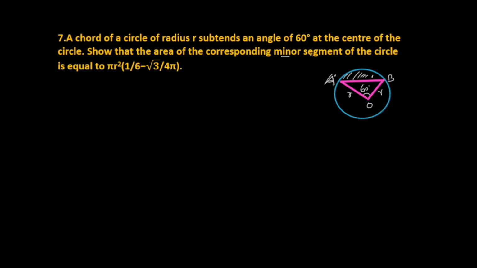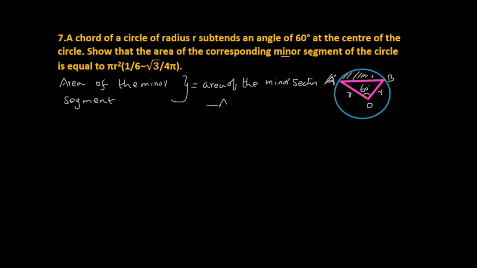So we know very well area of the minor segment is equal to area of the minor sector minus area of the corresponding triangle.